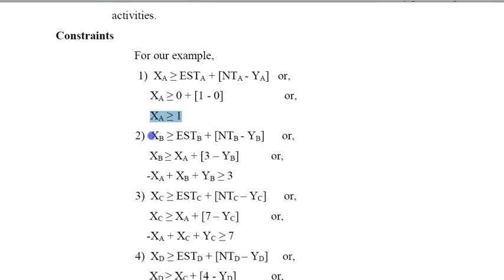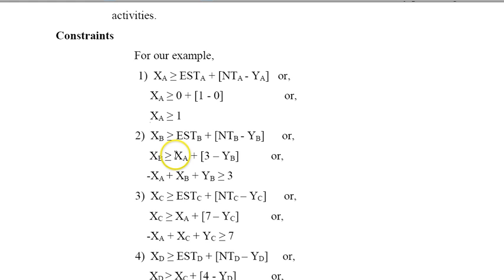The second one is XB greater or equal to start time of B plus the normal time of B minus the crash time of B, or the amount of crashing of B that I want to decide on. So that's a decision variable. So XB now is greater or equal to the earliest finish time of preceding activities that lead to it.